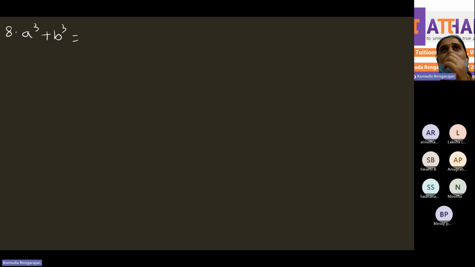How is it possible that A cube plus B cube comes as A cube plus something plus B cube? How is it possible? A cube plus B cube is equal to? Yeah, Mohit. A cube completed. A cube plus B cube is equal to?